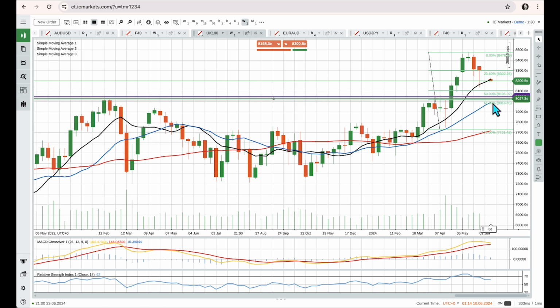So if and when the market pulls back into that area, it would also be back into the averages, into that buy zone, that area between the 10 and the 20 moving averages. Currently we're just touching the 10 moving average. I want a little bit more of a pullback inside that area and to that 8,000 round number.